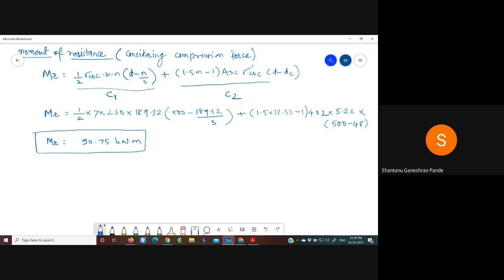Now we have to calculate the superimposed weight that can be resisted by this given section. For that we first write down the equation for external bending moment, and then equate it with this moment of resistance.